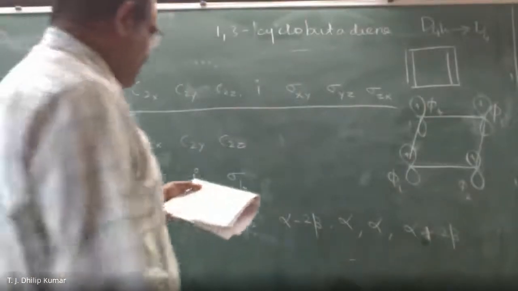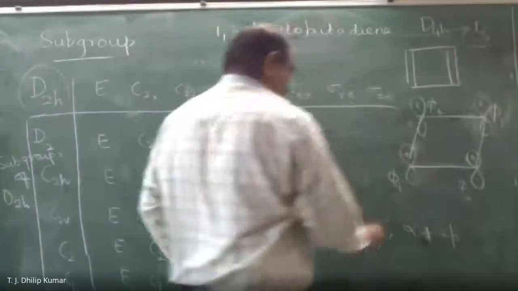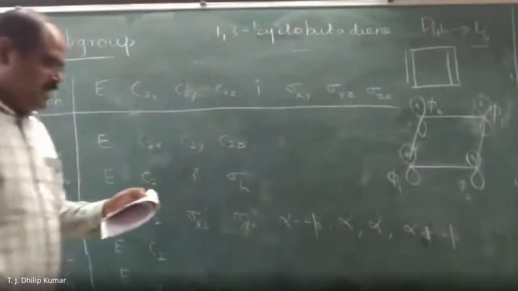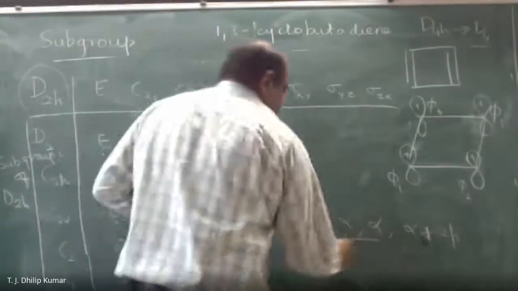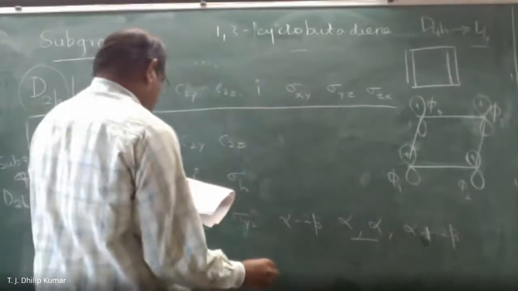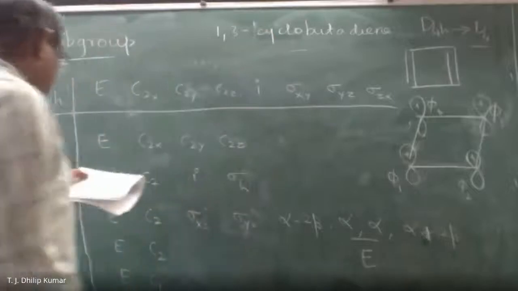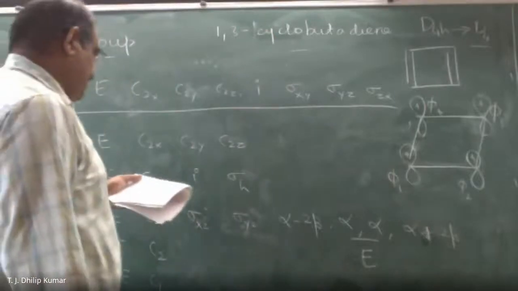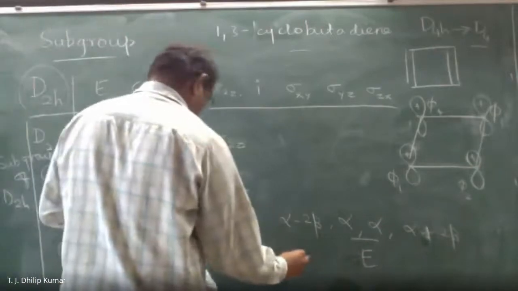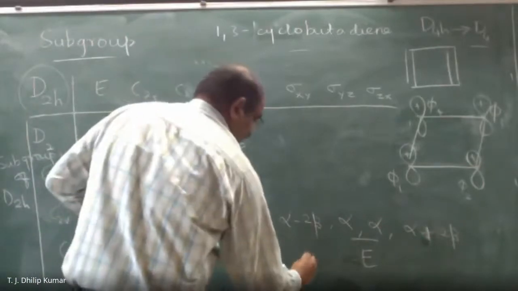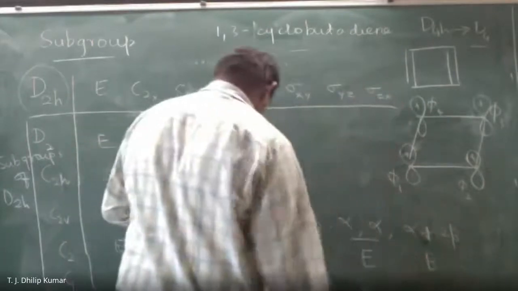If you use subgroup D4, you get these 4 orbital energies, and you can say these are degenerate, so the E function will be there, and these 2 are different. One will be A2, and the other I think B2.